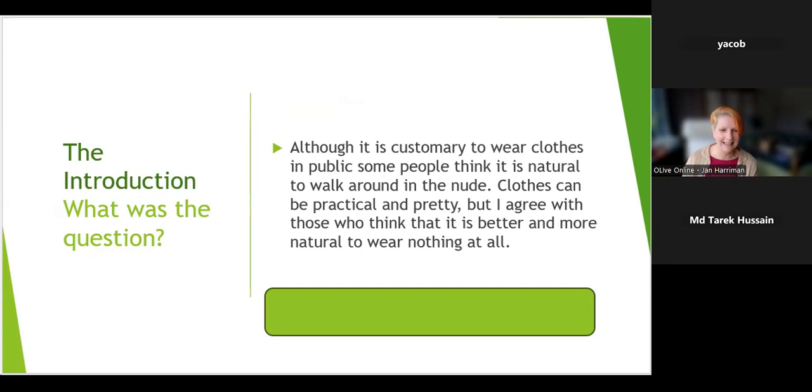Question. Is this essay going to answer? Can you figure out what the question was that was asked? What are some of the words that help you figure that out? What do you think? What was the question?